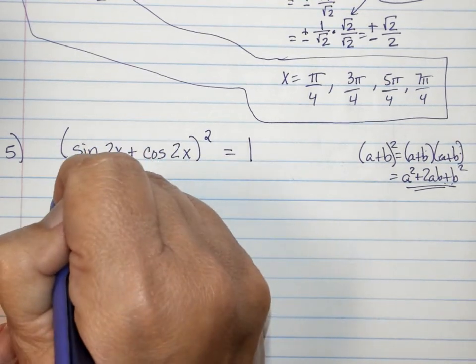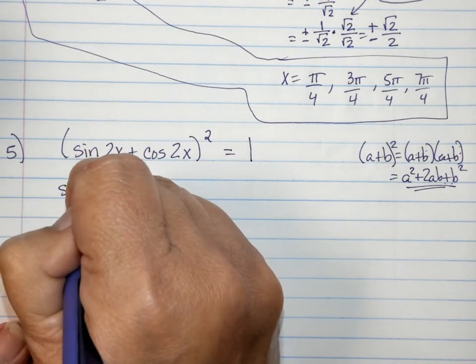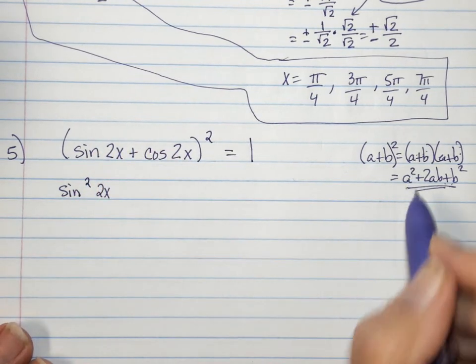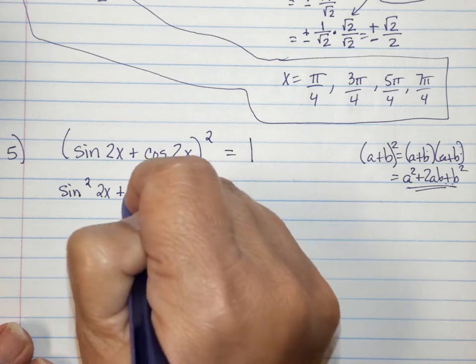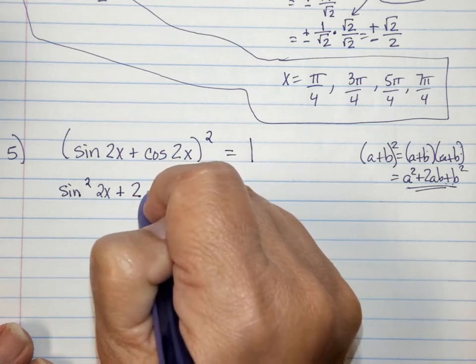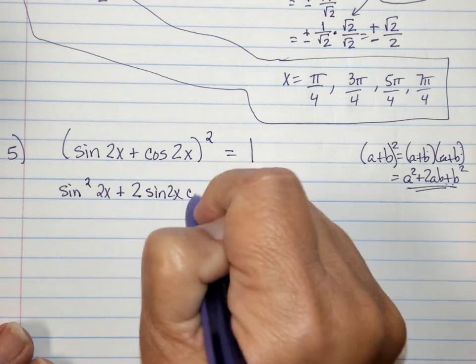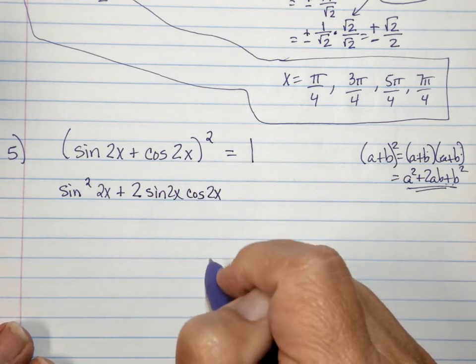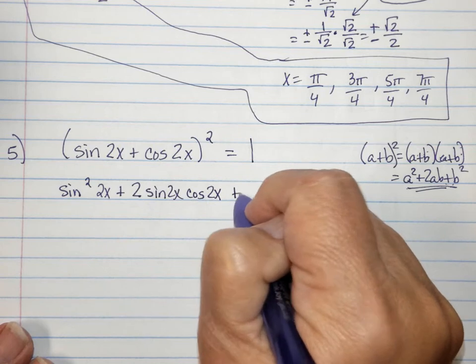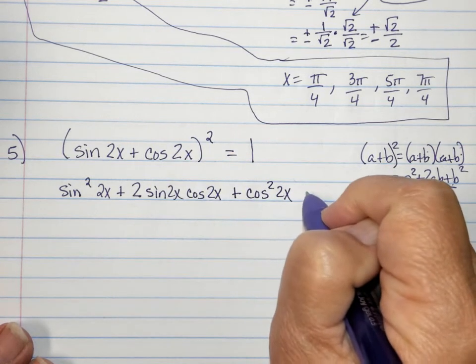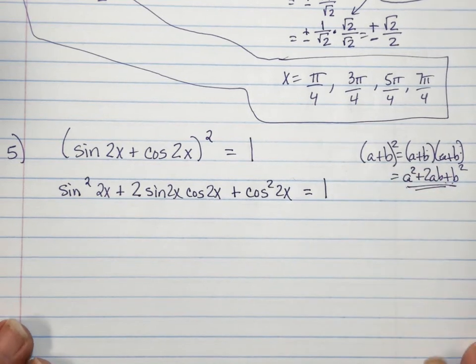We would have sine squared of 2x, that's my a squared, plus 2 of sine 2x cosine 2x, plus cosine squared 2x equals 1.